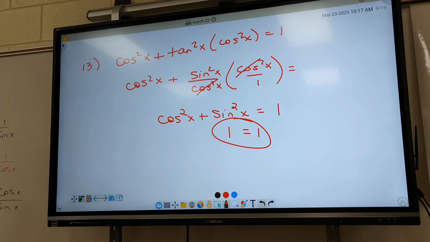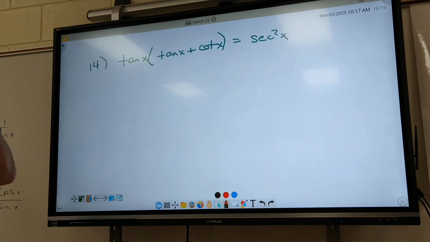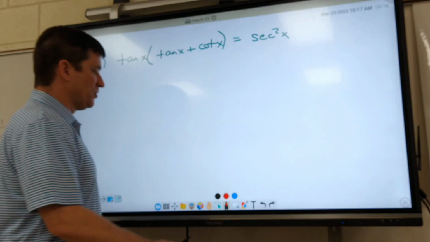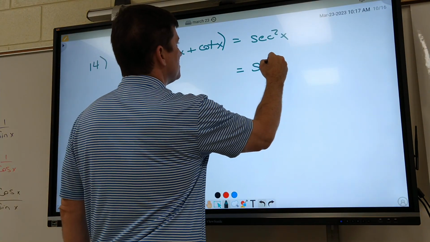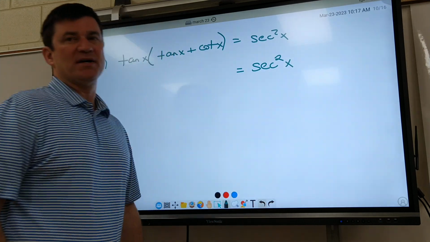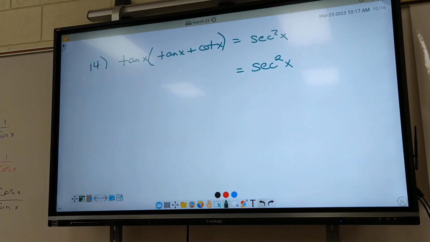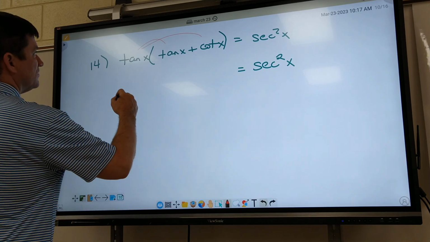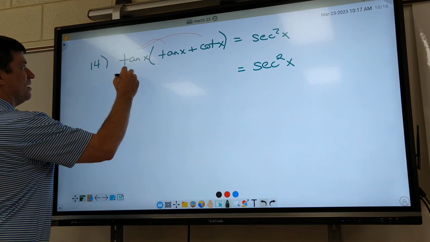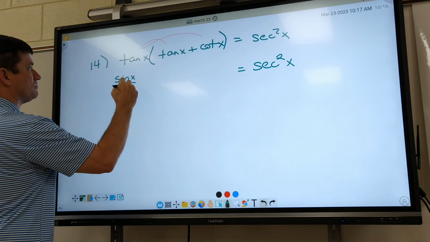All right, let's go to 14. All right, change everything out. Don't mess with the right side of the equal sign. It's already just one word. We're going to leave it secant squared. We'll just mess with the left side of the equal sign. Tangent is sine over cosine.